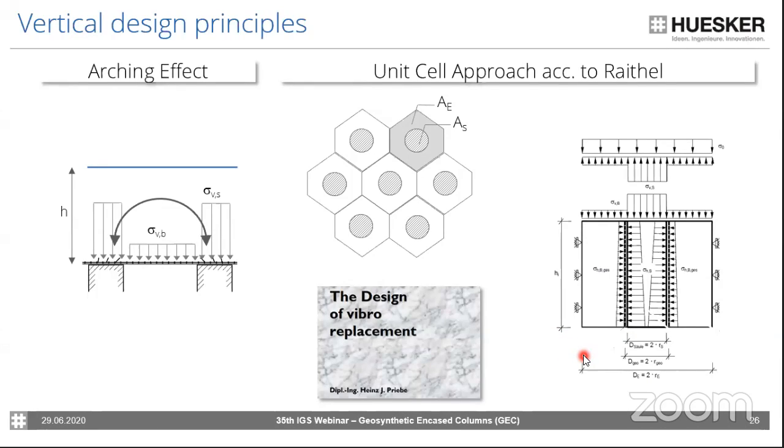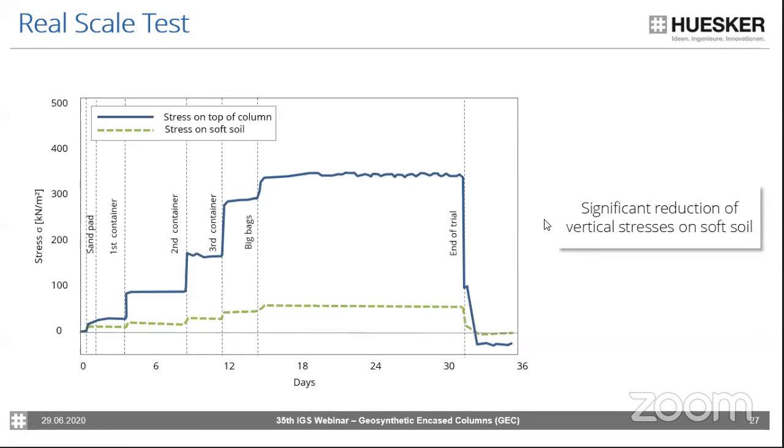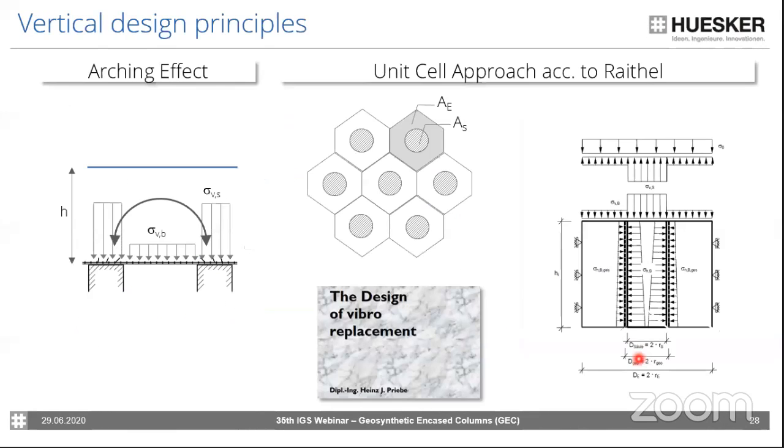So this is what our encasement contributes. It gives extra stresses to the system. And this is also what we have seen here. This clearly shows that the results we have observed in the trial field are correct.